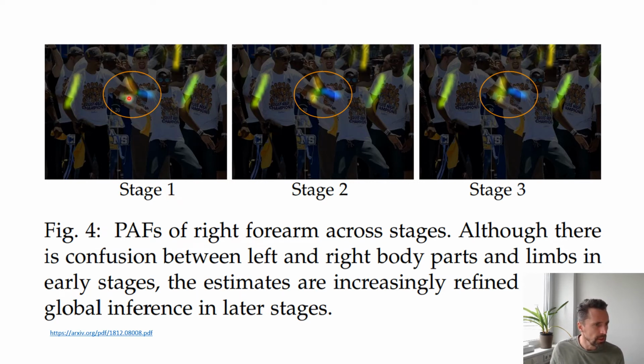What you see is that these part association fields do get better, and that's because each stage gets the output of the previous stage concatenated with the image features F, and so could now learn how to improve things. They don't have to do this all on the image features alone. They can take the previous results and then get better from there. That can be seen here, and that's why the authors propose doing that.